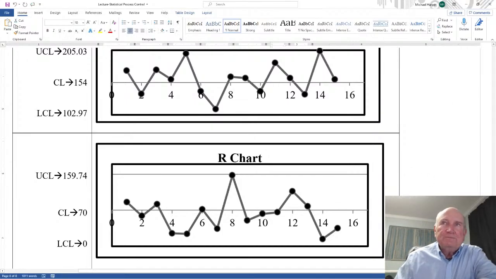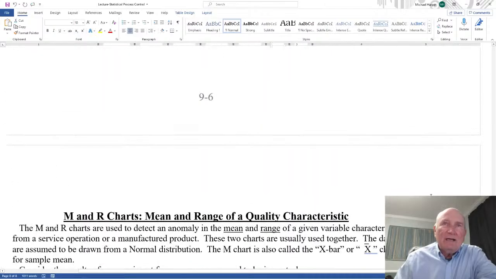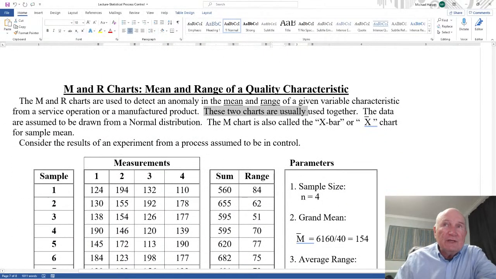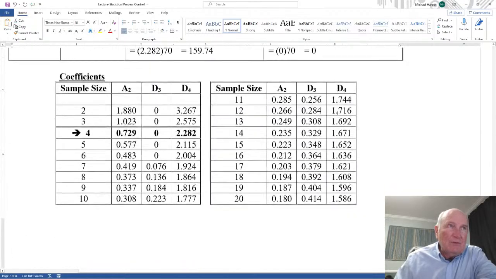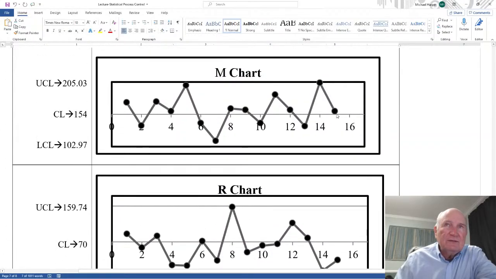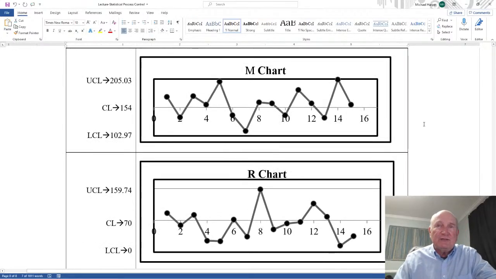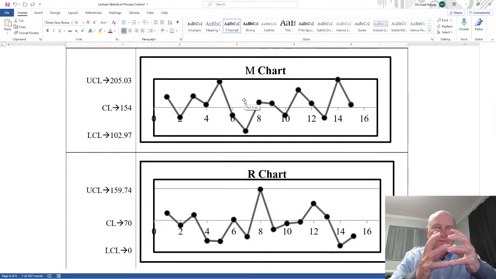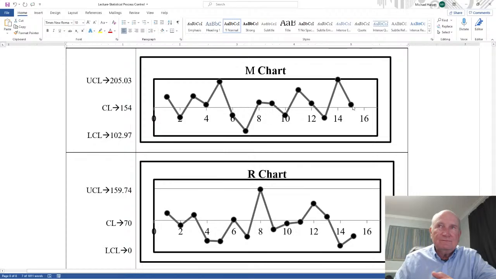Now remember, at the very beginning, I said these two charts are usually used together, because they give different pieces of information, but they all come from the same data set. The M bar is like an average, like a center. This center line is kind of like the target value, what you want.